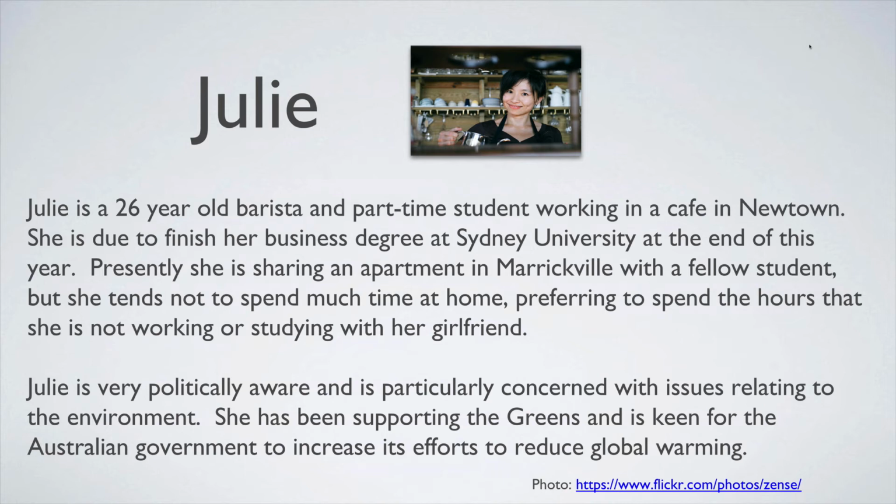And we can work out, she's 26 years old, so she's finishing her business degree, so maybe she's got a couple of degrees, maybe she's done a bit of work before going into education. So there's a few other little bits of implied information in that persona that will help us to understand Julie.